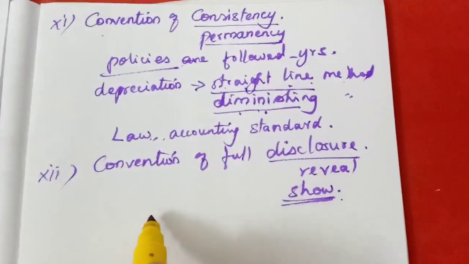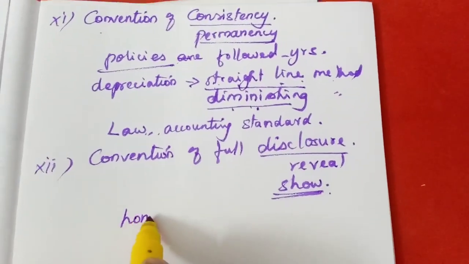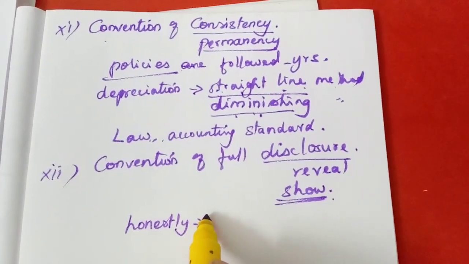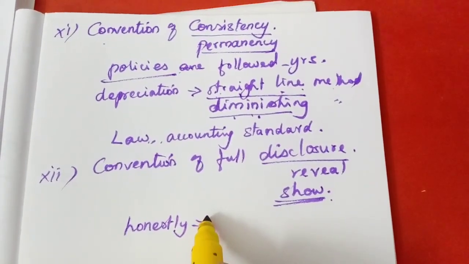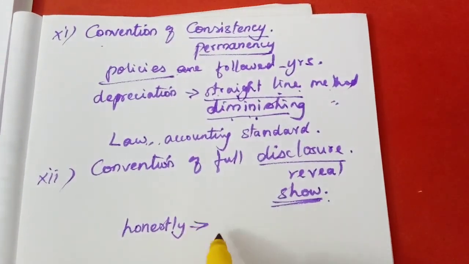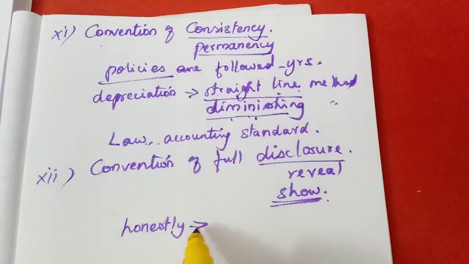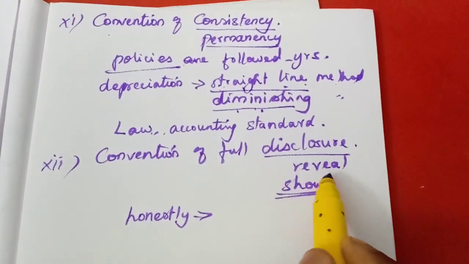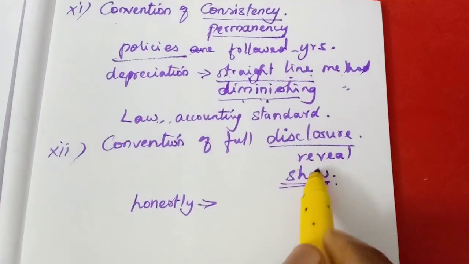That must be honest. Honestly they have to reveal, not false statements. Understand? They must show, they have to reveal all the transactions in the books of accounts.